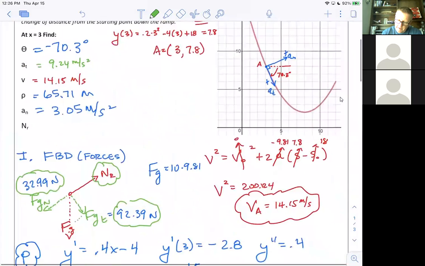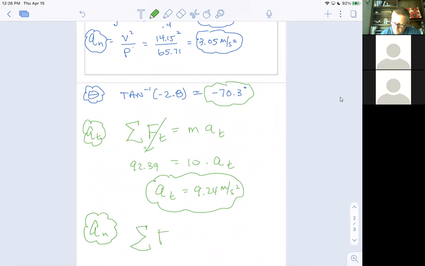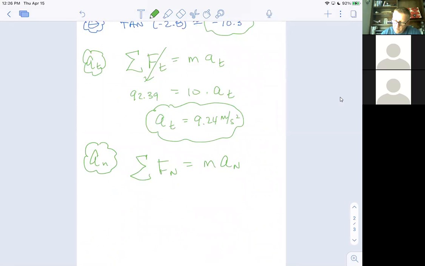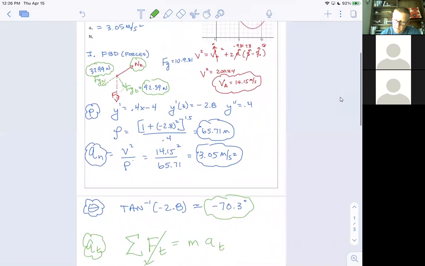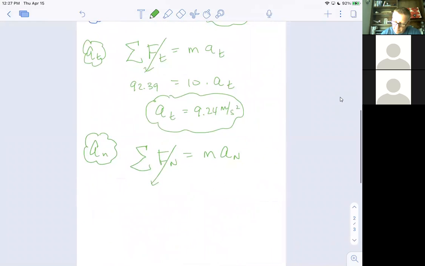And then lastly, that normal force, which I'm going to get by coming up with the same sum of the forces, but this time normal mass times normal acceleration. So my normal forces, I've got two of them. I've got normal force R positive, 32.99 negative. Do you see that? Normal force positive minus 32.99 negative. There's two of them.